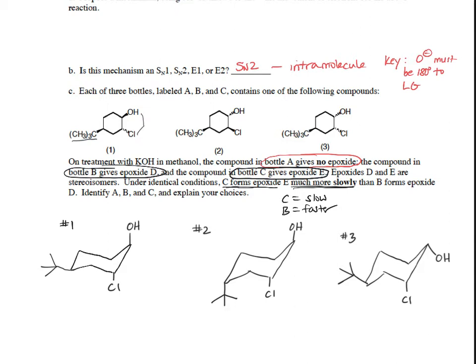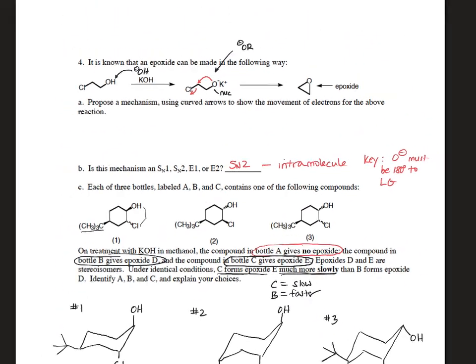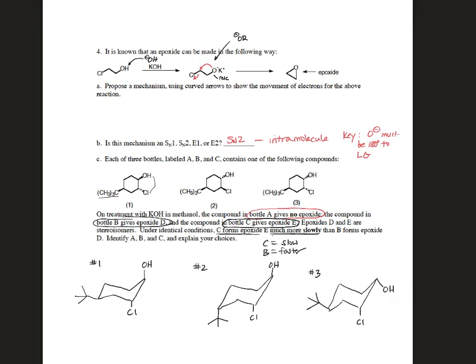Now they tell us that one of them gives no epoxide, one's slow, one's fast. So keep in mind, looking back at the epoxide formation, remember that it is an SN2 reaction. I have to shrink this down a little bit now. Okay.